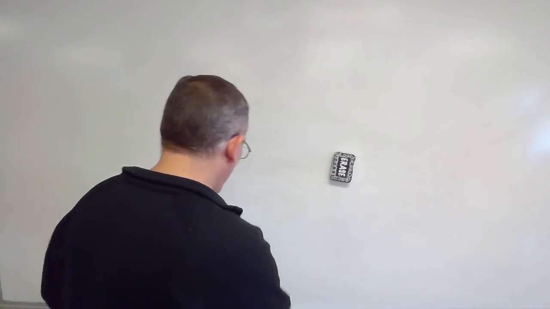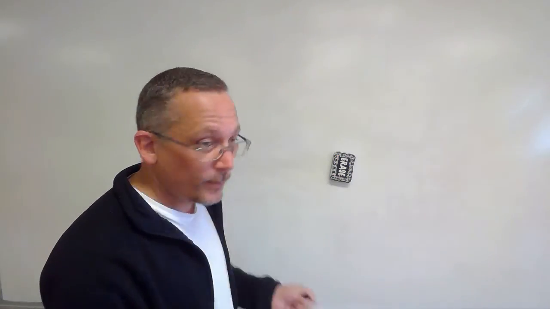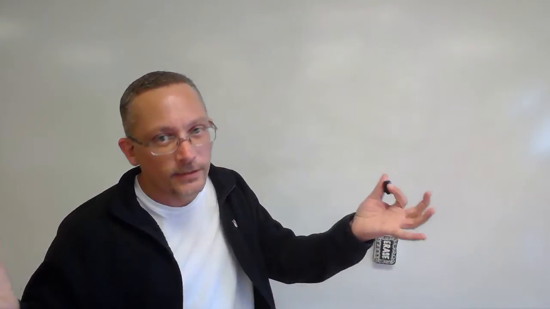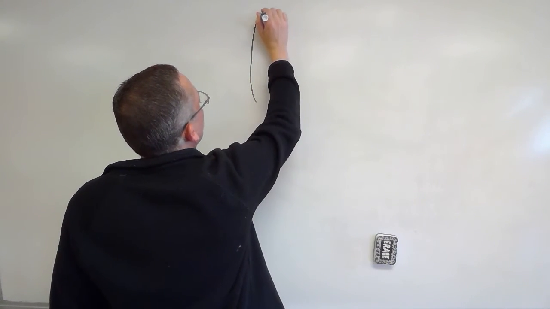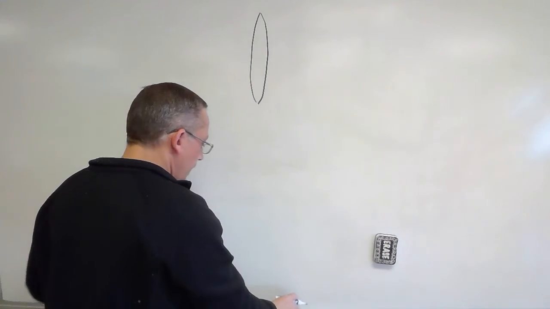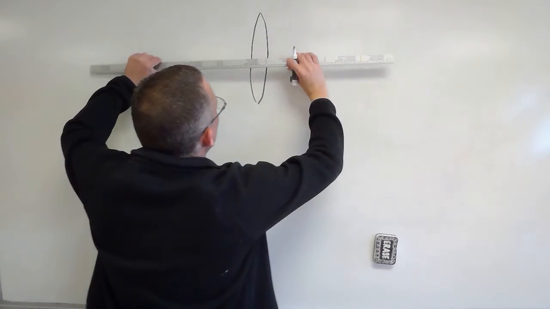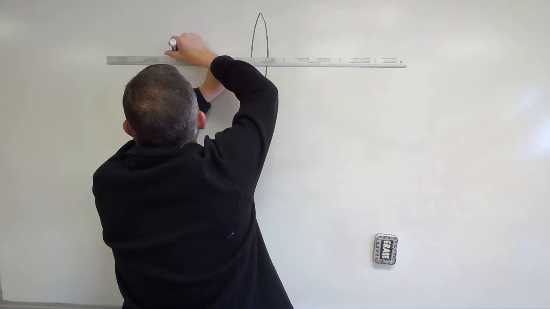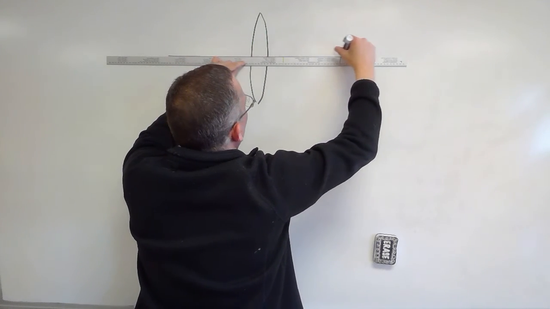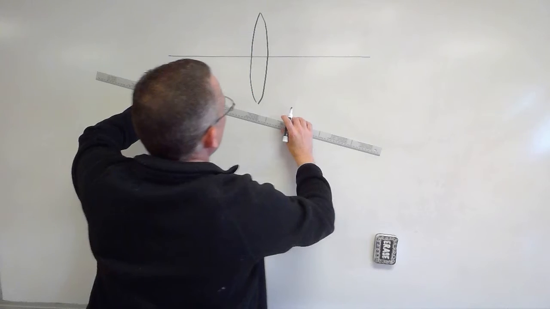Let's draw a lens diagram for that. Okay, so this is a convex lens, I'm sorry. And let's draw our principal axis. And let's make up some focal points here.